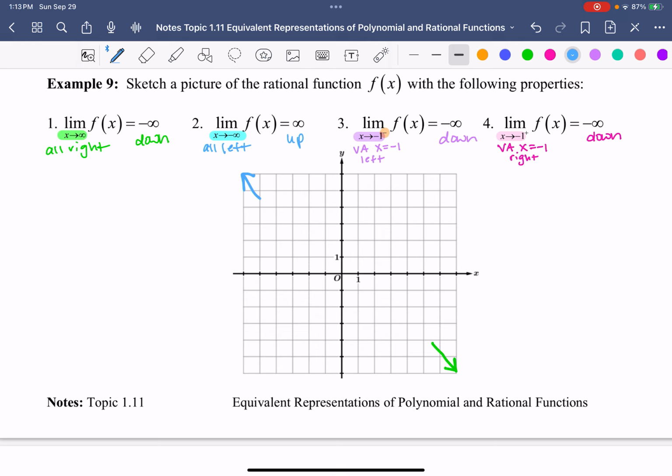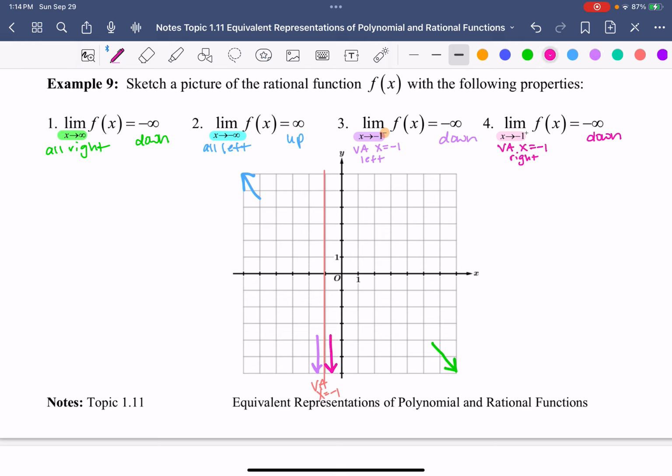Now for statement 3 and 4, I know that there is some kind of vertical asymptote at -1. So I'm going to sketch a vertical asymptote at -1. And then we said that on the left of -1, we are going down. And we said that on the right of -1, we are also going down.